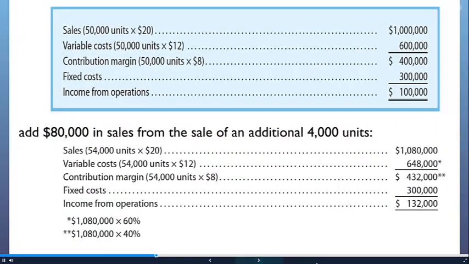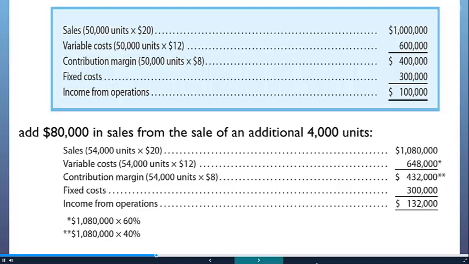We can confirm this increase in income by performing our income statement. If we want to, we can increase our sales by that additional 4,000 units, which will increase our sales amount. We would have to also increase our variable expenses because those do change in proportion to the level of activity.